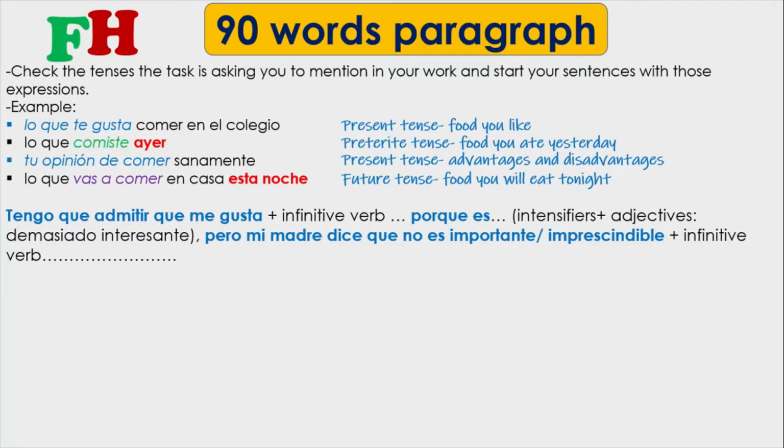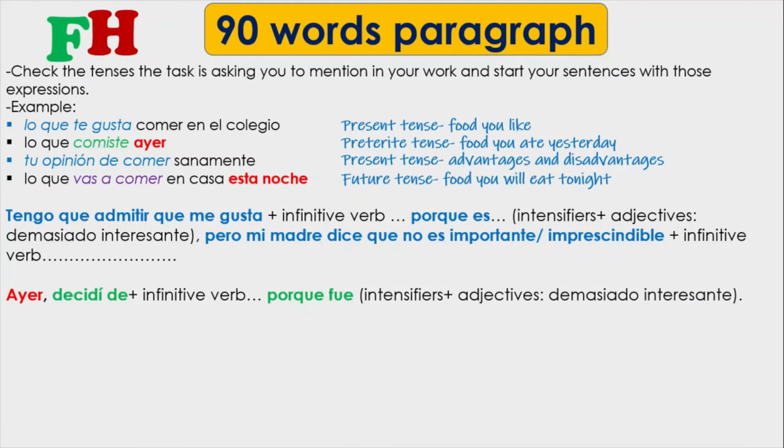The second bullet point, as I said, you need to be very careful and look for this time phrase related to past. So it could be yesterday, or it could be la semana pasada, which is last week, el verano pasado, last summer, or any other these sort of expressions. So that is the word you should be starting your second bullet point.